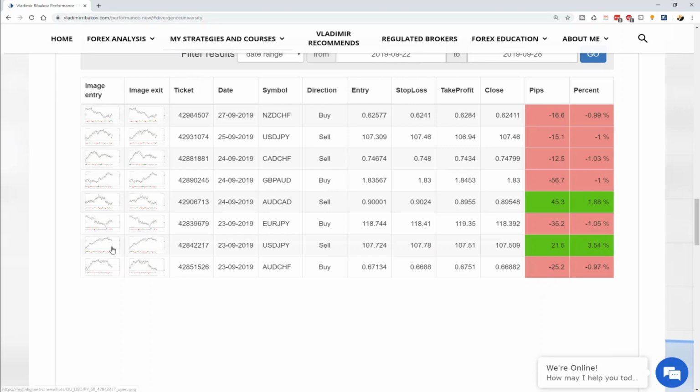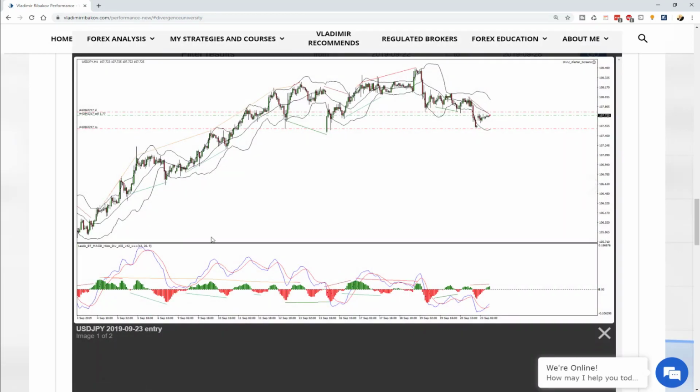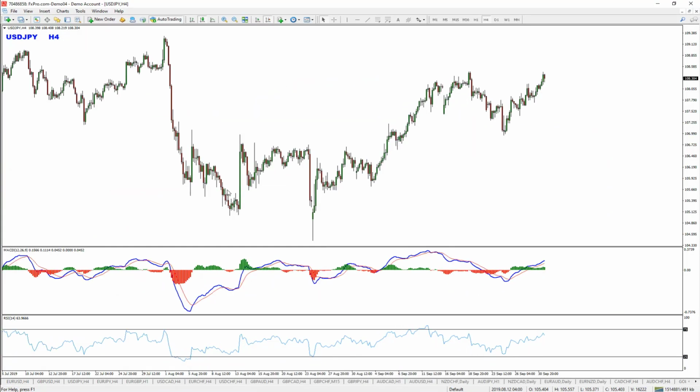Then we have dollar yen, which delivered very nice profits. And for dollar yen, I would like to go back to the chart, and you'll see what's happening here. First of all, on the 4 hour chart, we got this huge bearish pressure that started to form. Our setup was somewhere around here, so that pressure started forming right here.